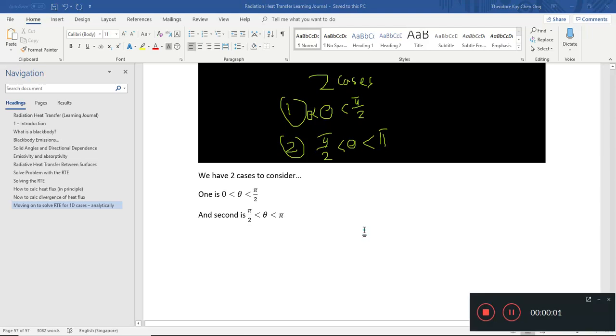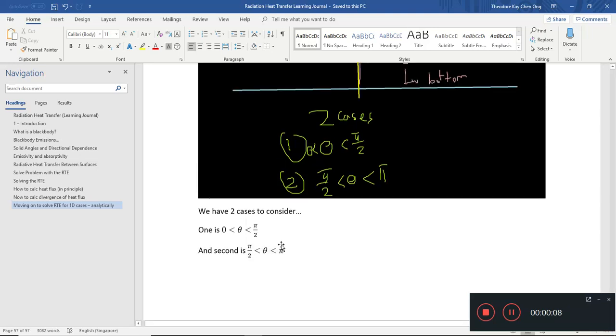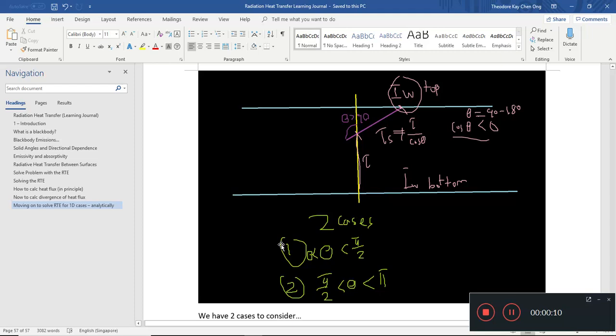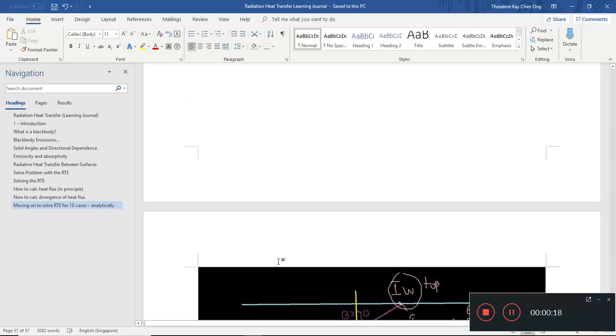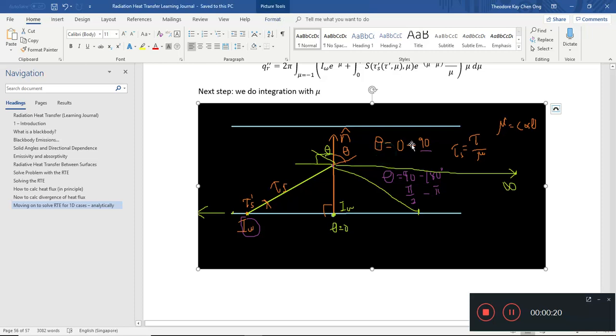So hello, welcome back to this video on a radiation heat transfer learning journal. In the last video, we were talking about a little bit of complication with respect to our calculation of intensity. We saw that from theta equals 0 to 90 degrees, or 0 to pi by 2, the radiation I omega is actually starting from the bottom plate.